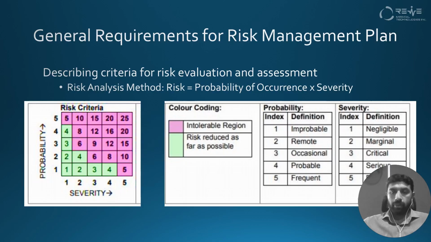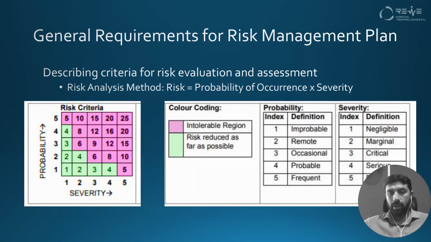If the identified risk is improbable, meaning it doesn't occur much, then the score for that risk is 1. If the risk is remote, then the score is 2. If the risk occurs occasionally, then we assign its score as 3.